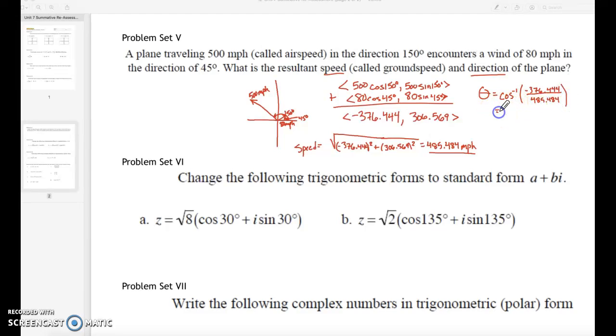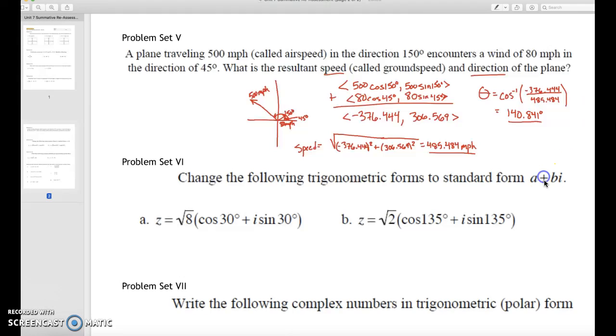When you type that into your calculator and take the inverse cosine of that fraction, you will get a direction angle of 140.841 degrees. And depending on the problem, they may ask you to round to the nearest tenth or hundredth. So there's our direction angle, and there is our ground speed for this particular plane encountering this particular wind.